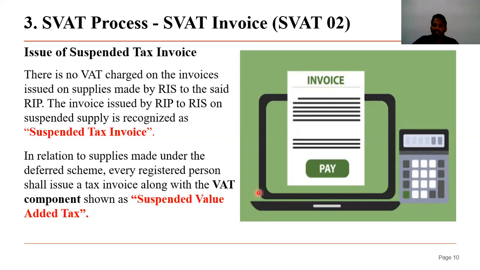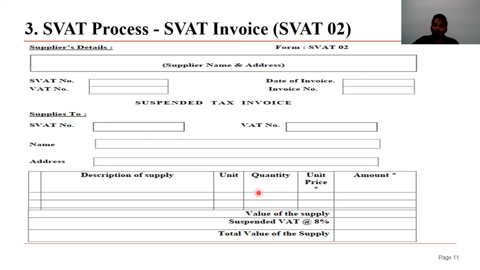So we'll see the sample format specified by IRD. This is the SVAT invoice sample format. We call it SVAT 2. Then they are required to mention here that suspended VAT is 8% because it is suspended. You are not going to pay. This one is normally issued from RIS to RIP.